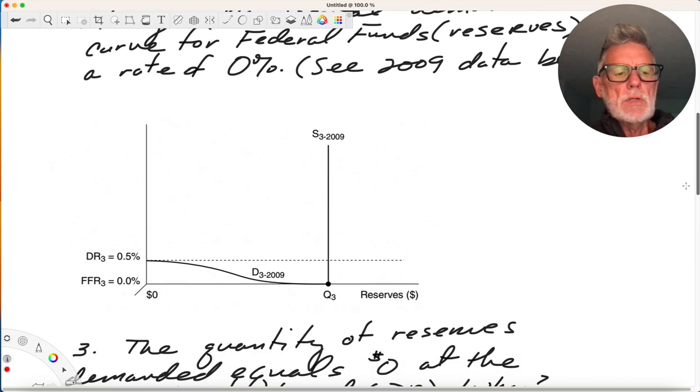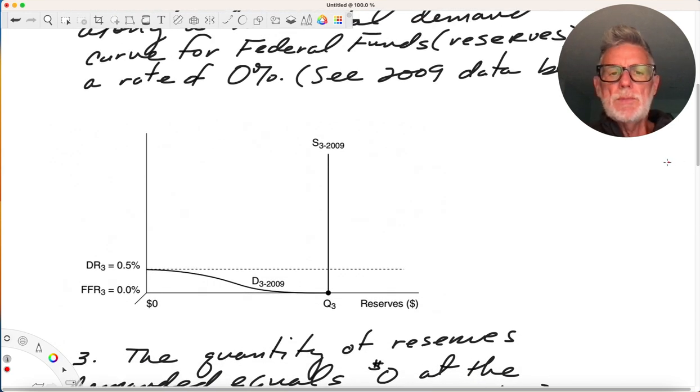Now, here's a picture. This is a review. You've seen the picture in 2009 already. In fact, you just looked at it. And this shows us what we're talking about. The supply curve is intersecting the demand curve here, and this is on the horizontal portion of this demand curve. So this demand curve is horizontal here.